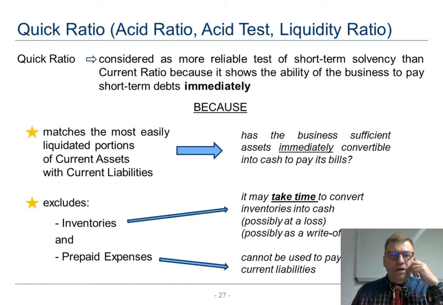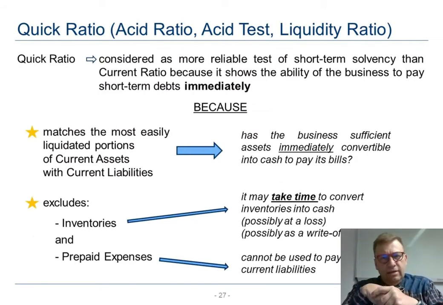And if so, then we could make another deeper analysis, because quick ratio is considered to be a more reliable test for short-term solvency than current ratio, because it shows the ability of the business to pay short-term debts immediately, almost immediately.